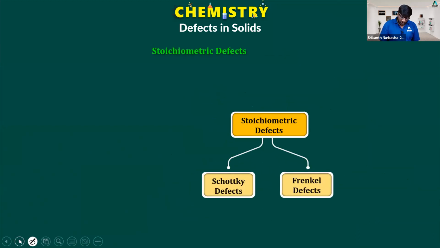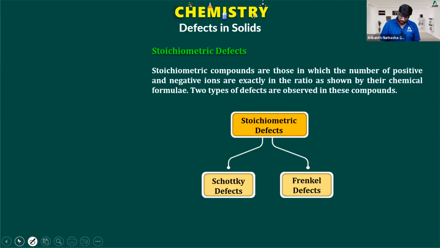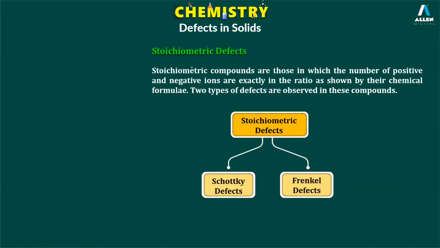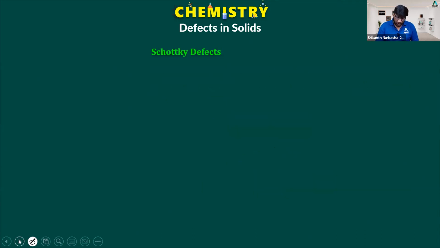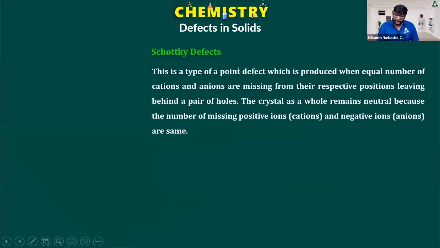What is Schottky defect? Can anyone say? The absence of anion and cation in equal proportion. Yes. First, we have the stoichiometric defect, which means stoichiometry is maintained. The first one is Schottky defect, a type of defect produced when an equal number of cations and anions are missing from their respective positions, leaving behind a pair of holes.